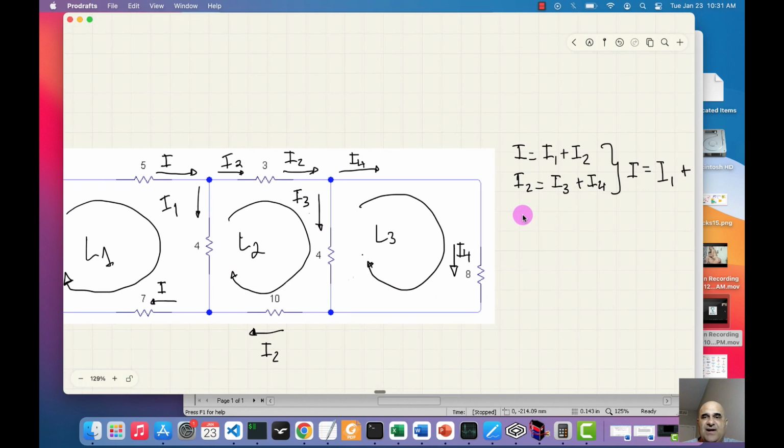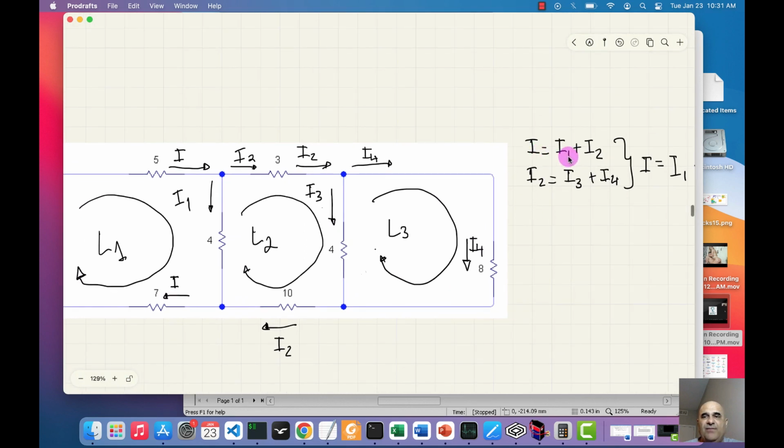Okay, so let's see. I equals I1 plus I2. As you can see over here, I equals I2 plus I1. So currents arriving at a node equals the currents leaving the node. Okay? In this case, I have just 1 current arriving and 2 currents leaving.